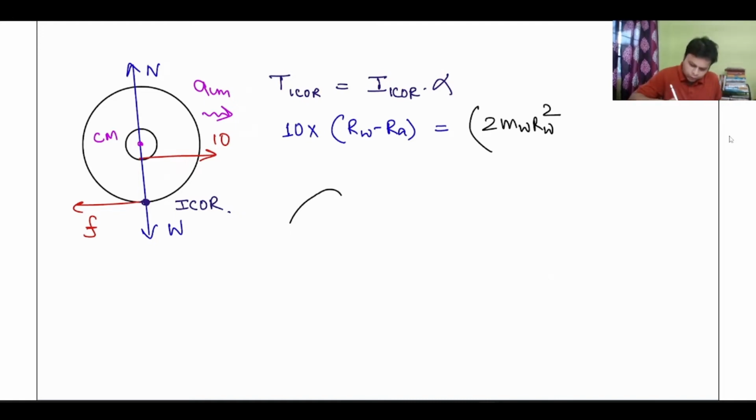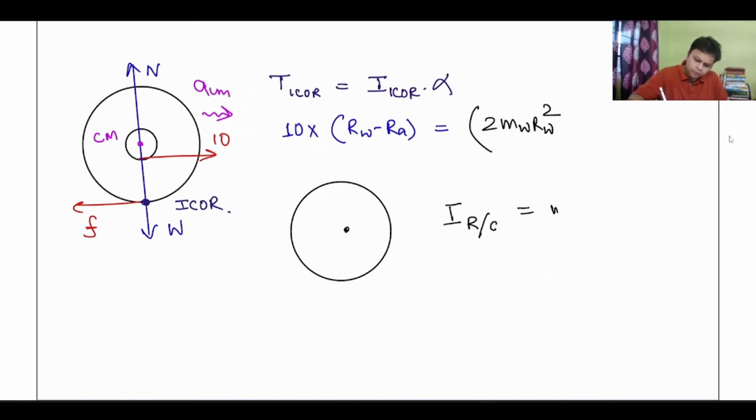If not, let me show it once, no problem. This is a ring. The moment of inertia I of ring about the center is equal to mr square. I of the ring about the ICOR, instantaneous center of rotation.